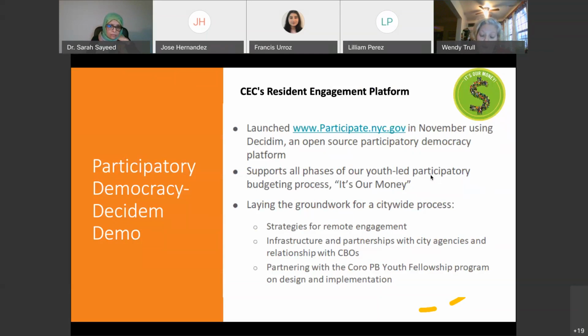And our youth who are running our virtual sessions have already run 31 sessions with young people as part of our first phase. And just a reminder, we're partnering with the Coro Participatory Budgeting Youth Fellowship Program, and they've been providing a lot of capacity on design and implementation, as well as helping us build our own internal capacity on using the tool.